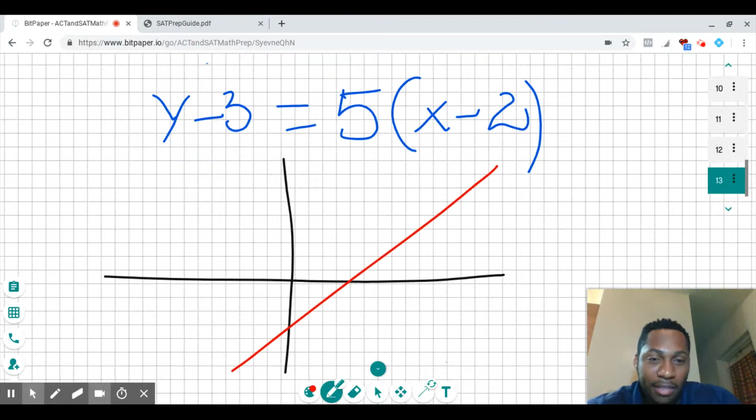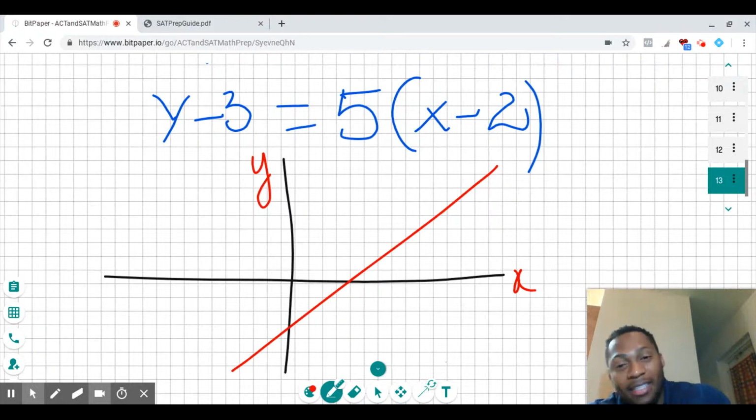So the x-intercept would be the point where, this is the x-axis and this is the y-axis, the graph cuts the x-axis, and the y-intercept, by the same token, is the point where the graph cuts the y-axis. So in here, the point where the graph cuts the x-axis is this point right here.